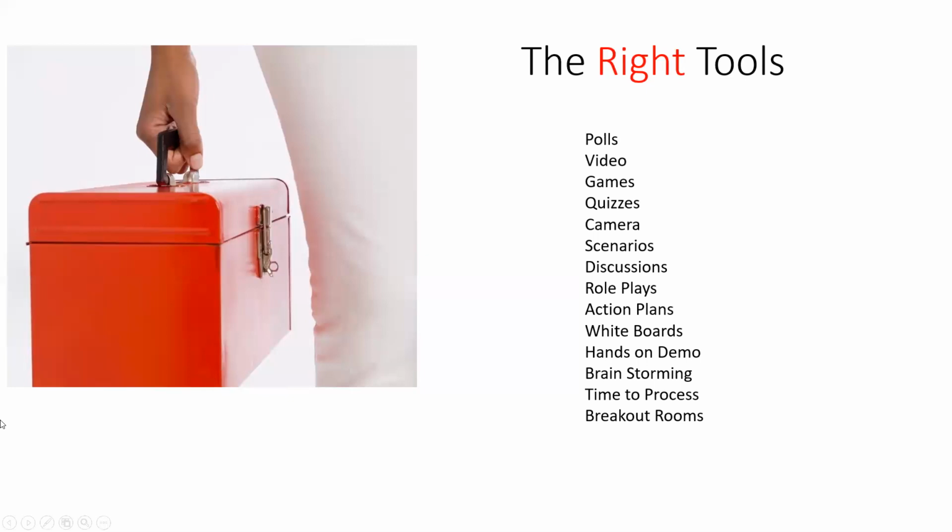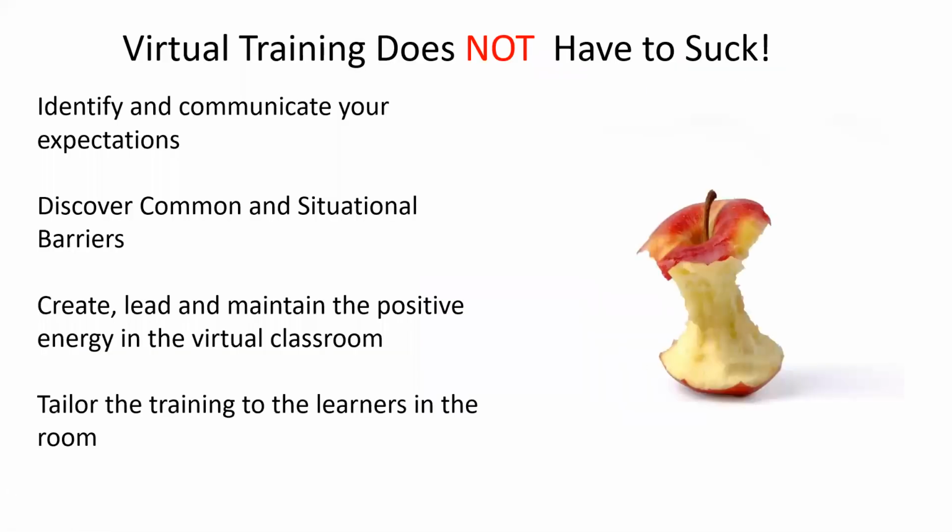All right. And again, as we begin to wrap up, that 90% is identifying and communicating our expectations to our business partners and our learners, discovering the common and situational barriers that our learners are facing, creating, leading and maintaining the positive energy in our virtual classrooms, and then tailoring the training to the learners in the room.